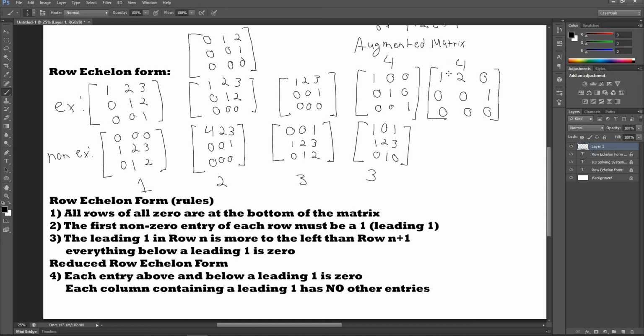In this case, I have a leading 1 in column 1, so everything below it is 0. I don't have a leading 1 in column 2, so it's okay that I have the 2 here. This is still reduced row echelon form.